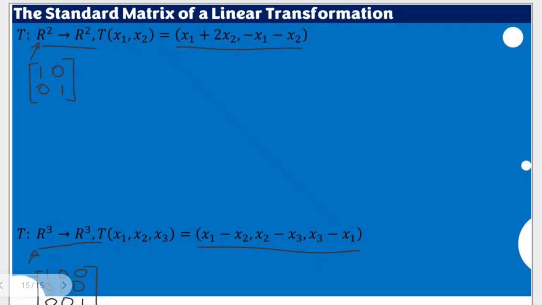So let's focus first on the first linear transformation. This here, let's consider it our vector E sub 1. So we'll have 1 and 0. And the second column, let's consider it E sub 2, 0 and 1.